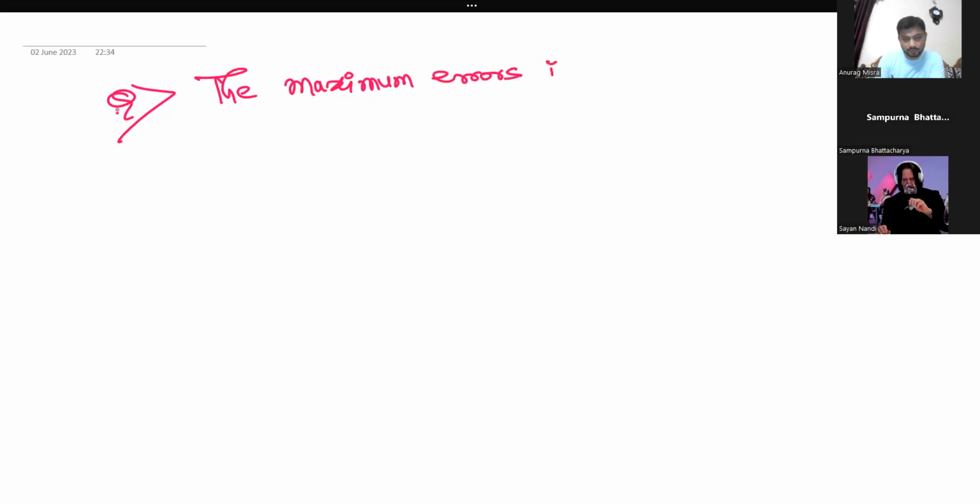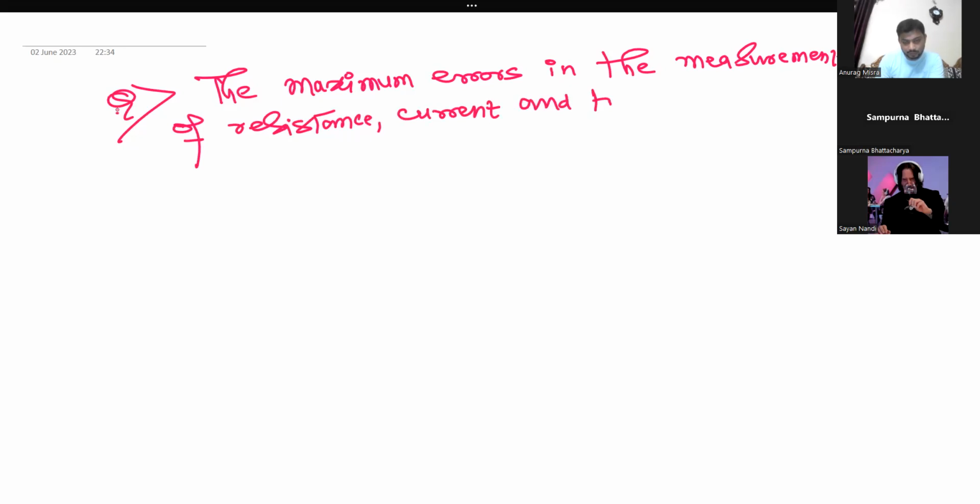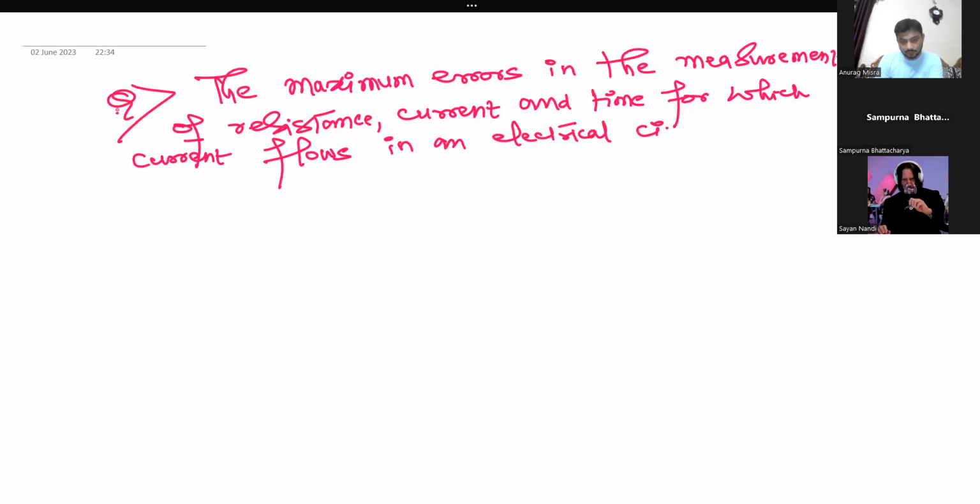So just one last question. The maximum errors in measurement of resistance, current and time for which current flows in an electrical circuit are 1%, 2%, and 3% respectively.